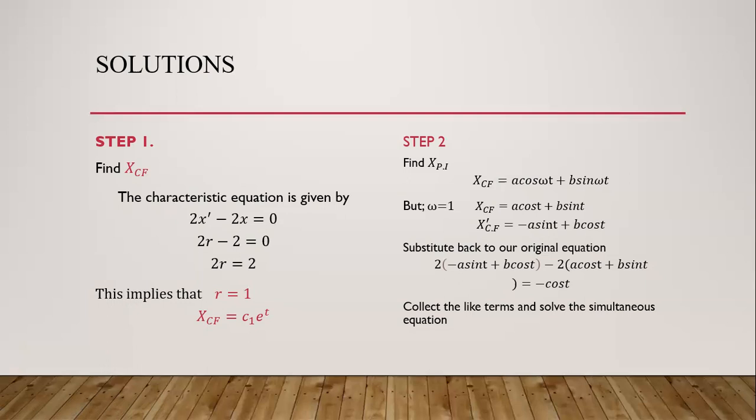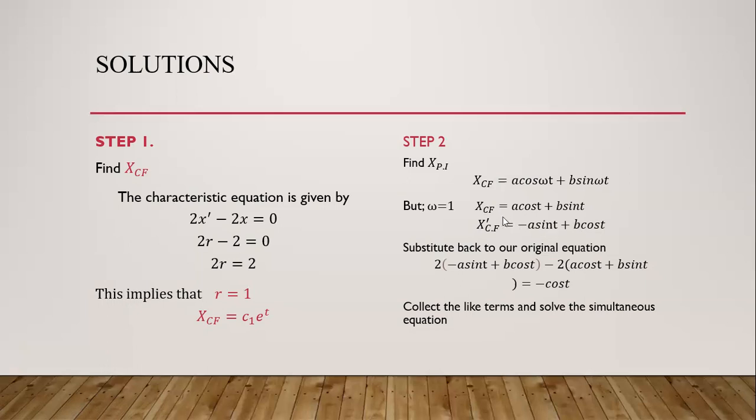So we substitute these solutions back into our original equation, that was 2x prime minus 2x equals negative cos t. So wherever we have x prime, we substitute with whatever we have differentiated up here.